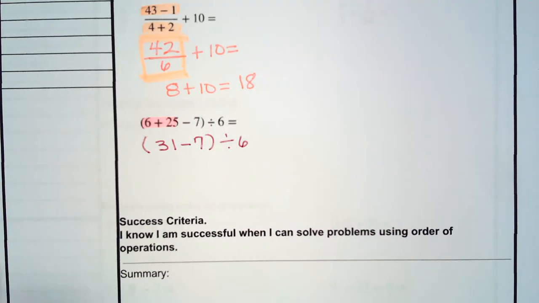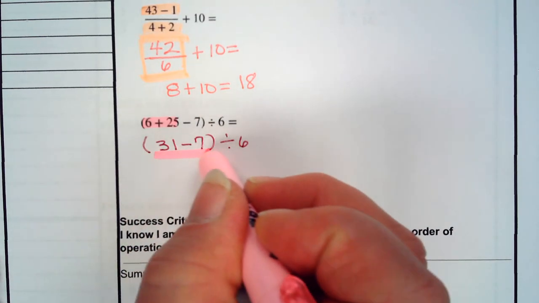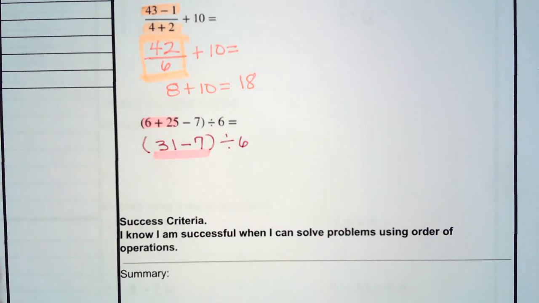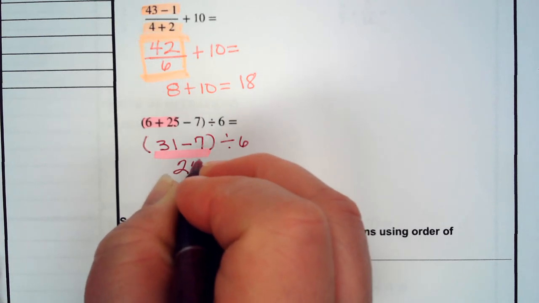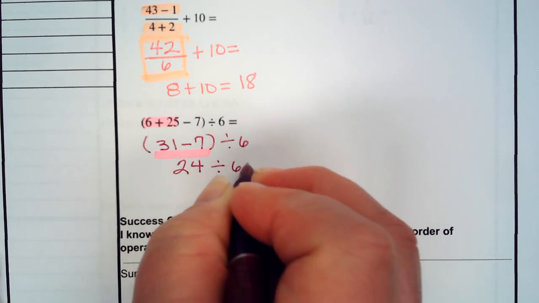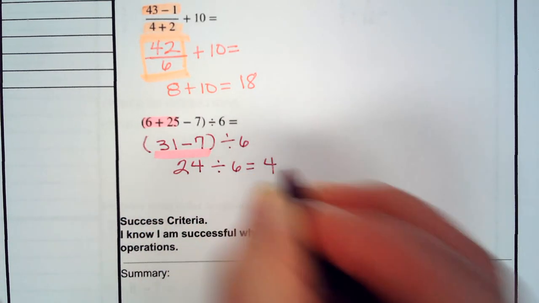But I still have parentheses. So, 31 minus 7 would be 24. Divided by 6, and you end up with 4.